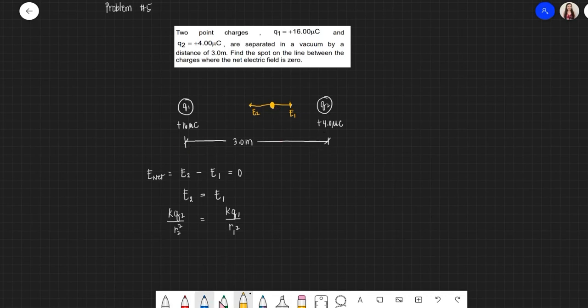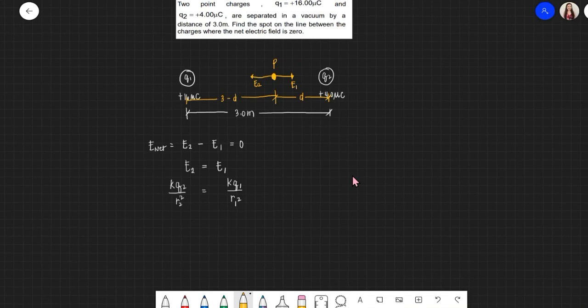So let's say this is point P. If we let the distance from point P to Q2 be, for example, D, then the distance from Q1 to point P would be 3 minus D. So we can substitute that now in our formula.